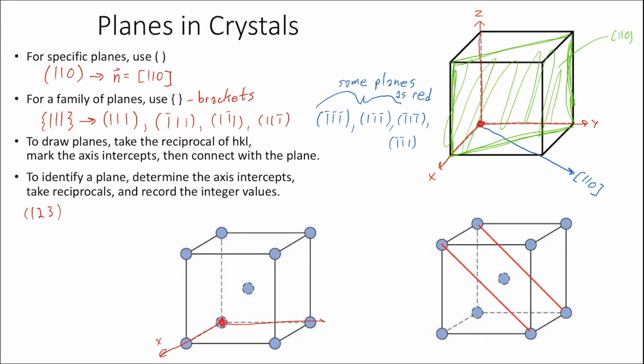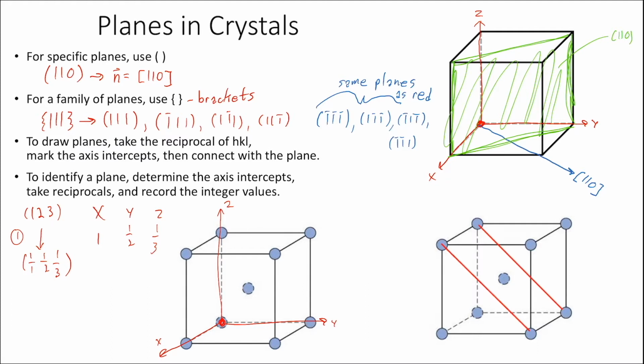So x, y, and z. The first step is to take the inverse of all of the indices. So 1 over 1, 1 over 2, and 1 over 3. What this means is that the plane crosses the x-axis at 1, the y-axis at 1/2, and the z-axis at 1/3.